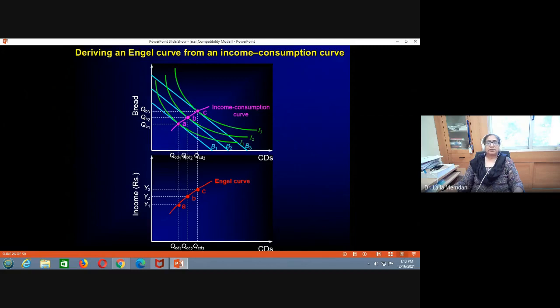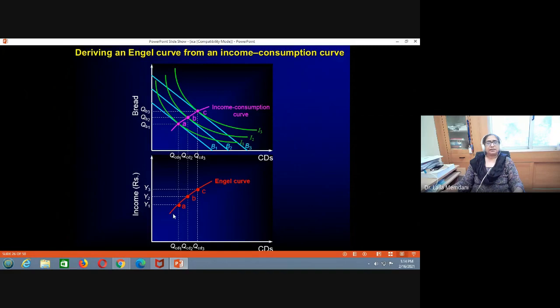So what I have done is I have taken quantity down in the bottom panel, plotting it directly down through the dotted line. In the same way, the three quantities I have plotted down. Now, the income levels I am plotting here, Y1, Y2 and Y3. And correspondingly, I get three points A, B and C.